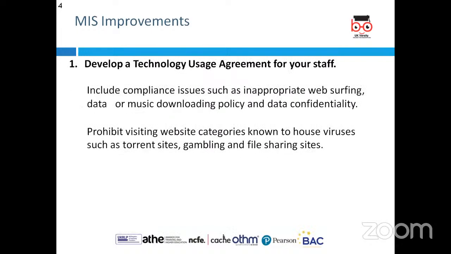So here we have a couple of ways where we could improve our MIS. For instance, we could develop a technology usage agreement for the staff. This could include compliance issues, such as inappropriate web surfing, data or music downloading policy, and data confidentiality.